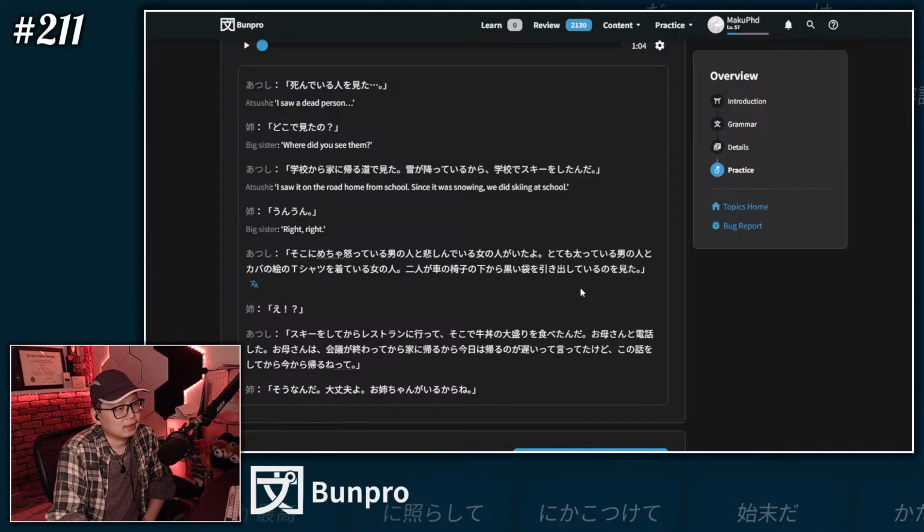And the very fat guy with, they took the, like, I don't know what kaba means, but it has something to do with a picture of a t-shirt.